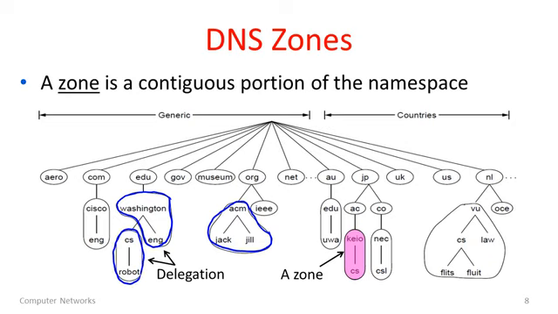And really this would be because the computer science department administers its own zone and serves its own zone from its own server. So these zones are a way of dividing up this namespace into pieces. And I've just circled a few to show you the different kinds of pieces that might exist.